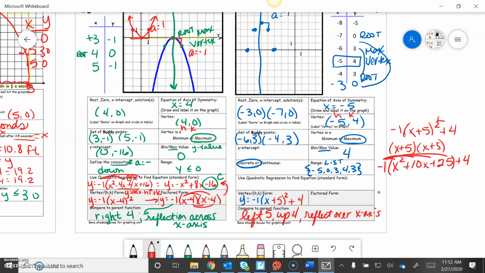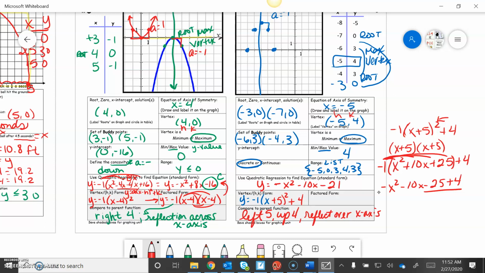I've done my exponent first. Now I'm multiplying. So -x squared minus 10x minus 25 plus 4. That 4 does not change because it is not within the parentheses. I can collect like terms. So my quadratic is -x squared minus 10x, -25, and a +4 is a -21.